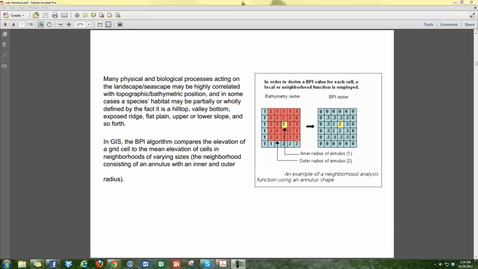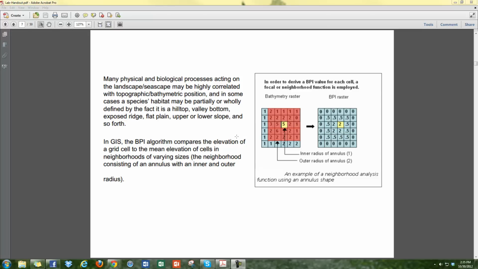So what we're seeing here is that many of the physical and biological processes that happen on the Earth are related to the topography, or in this case bathymetry, of a particular position. But just because you might be at a high elevation or at some place on the surface of the Earth, what really matters is how high you are relative to your surroundings, not just how high you are.